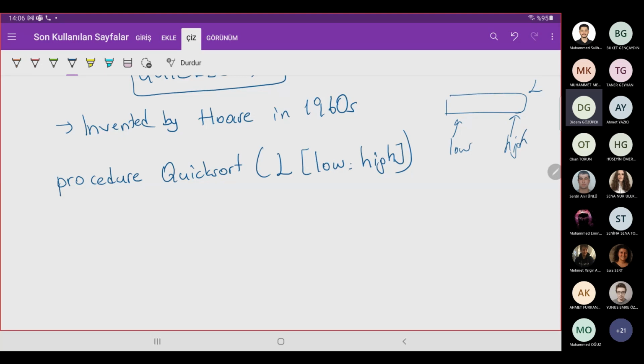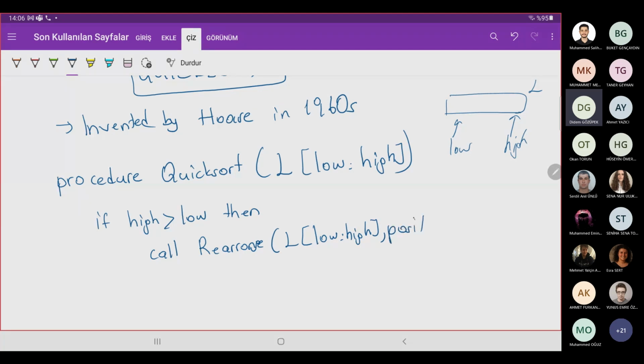If high is greater than low, then call rearrange, and we will see what we do in rearrange, on L, low, high, with respect to a position, which is pointed to by here, like the position, okay?